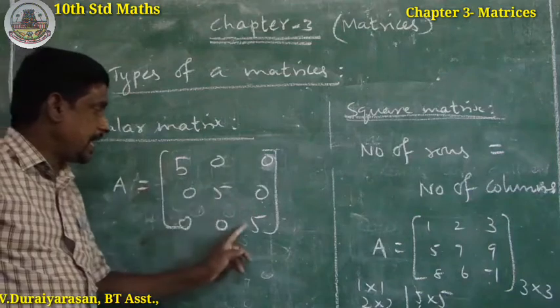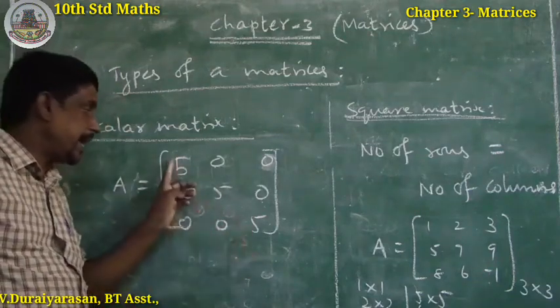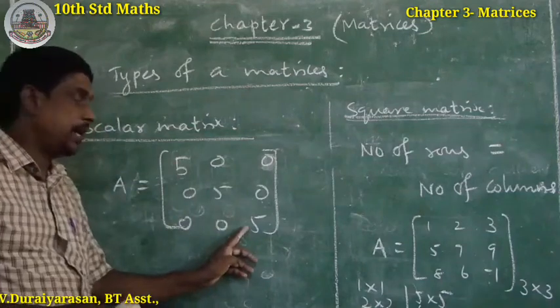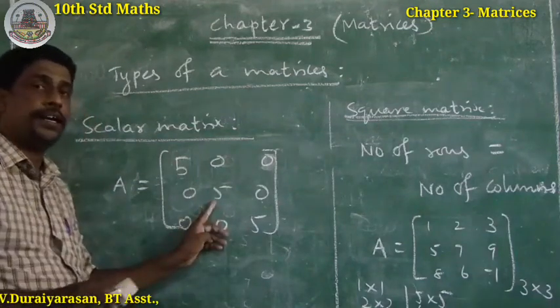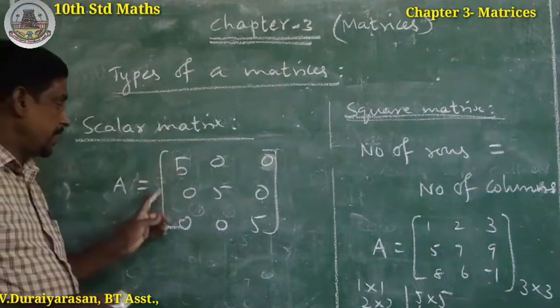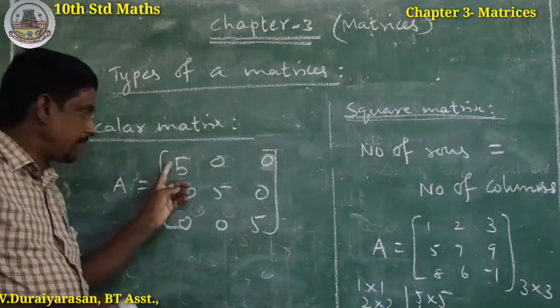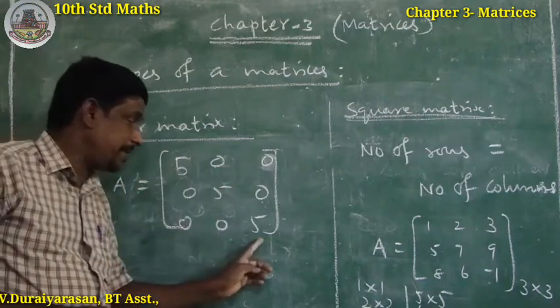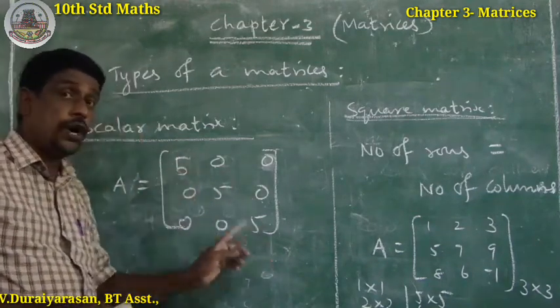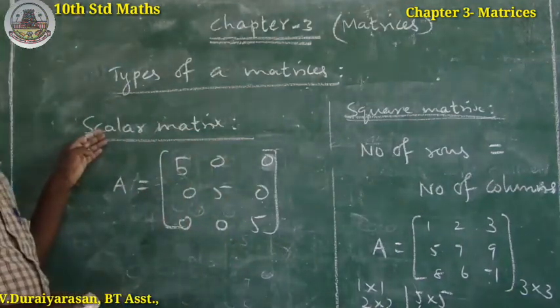The diagonal elements are equal. This type of matrix is called a scalar matrix. A diagonal matrix whose diagonal elements are all equal is called a scalar matrix.